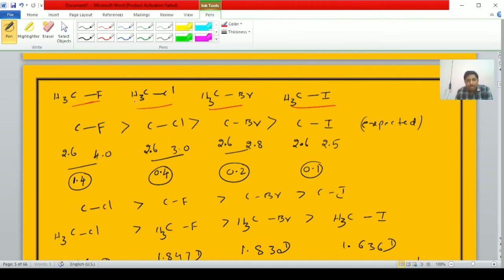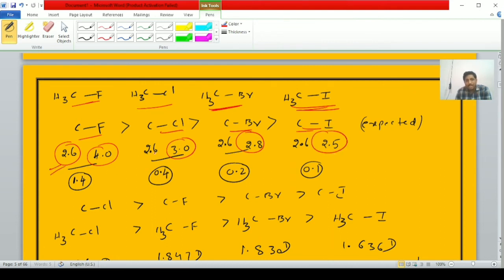Fluoromethane, chloromethane, bromomethane and iodomethane. Here the nature of the carbon halogen bond is carbon fluorine, carbon chlorine, carbon bromine, carbon iodine. Therefore, here, student, the electronegativity of carbon is 2.6. Fluorine is 4.0, experimental value, student. Chlorine 3.0, bromine 2.8, iodine 2.5.